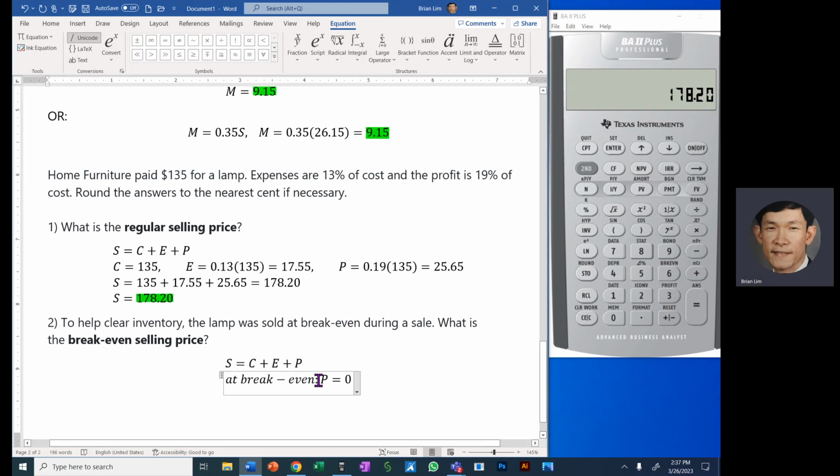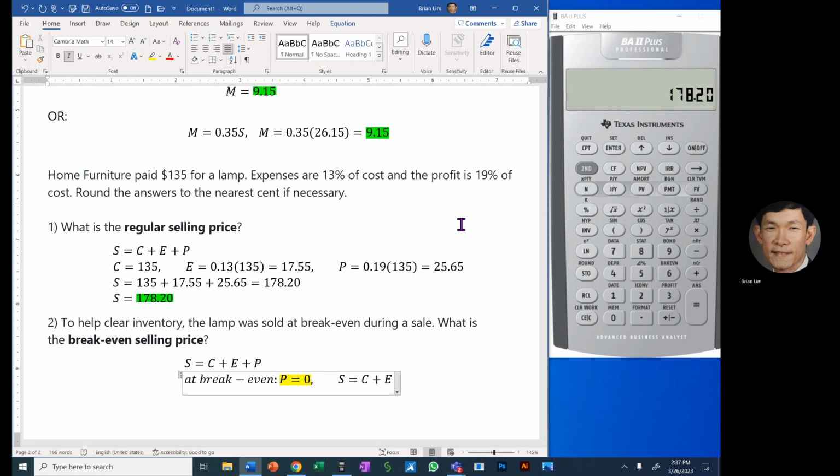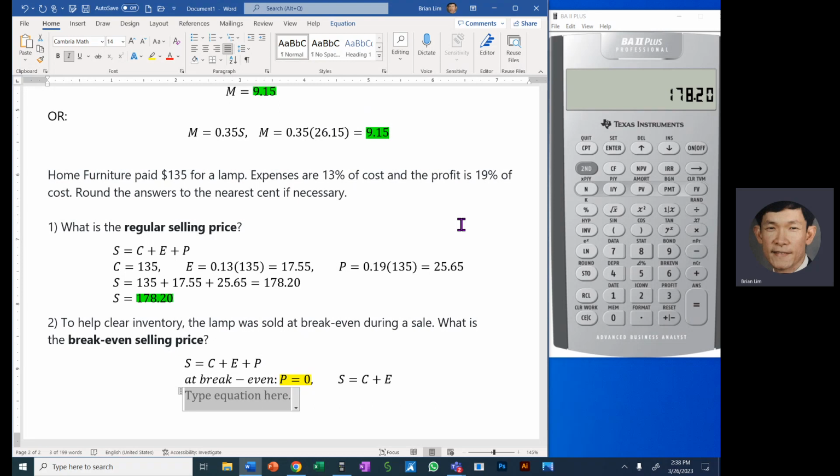Okay, this is the point we must get. All right, profit is 0. So that is how we will get the price. So if the profit is 0, what does that mean? Well, it means that S is equal to C plus E, right? And with that, we can get the selling price, the break-even selling price.